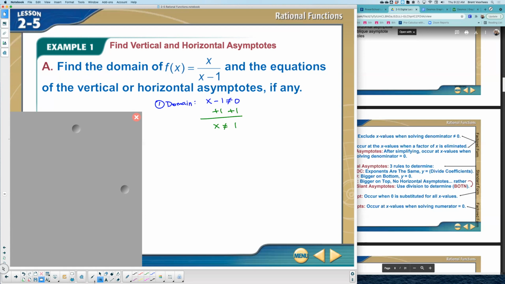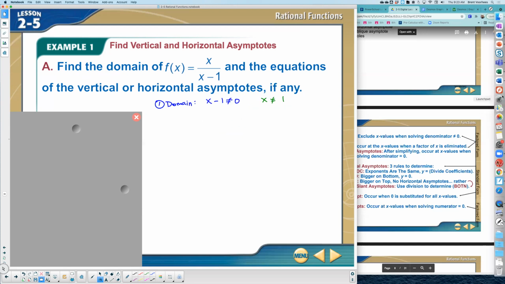What I'm going to do now is, if it'll allow me, I'm going to move this right here and I'm going to erase the top. So that's my domain. What that means, by the way, is the domain will be all reals except for 1. This graph will hit every single X value except for 1. You could also write this from negative infinity to 1 union 1 to infinity is another way of looking at that. That's our domain.